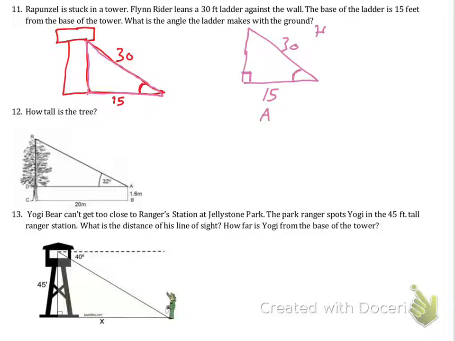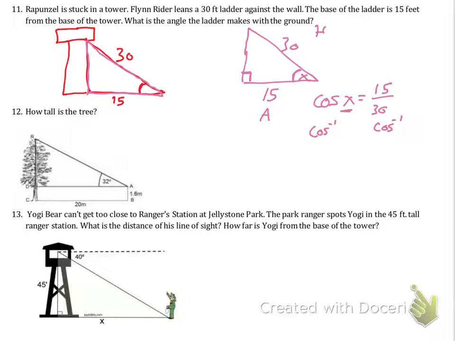So we don't know what the angle is, so let's just call it angle x. So we have the adjacent and the hypotenuse, so that'd be cosine. So cosine x is equal to 15 over 30. Now, because we're solving for x here and it's an angle, to get rid of the cosine on each side, we'd have to do cosine to the -1 to both sides.